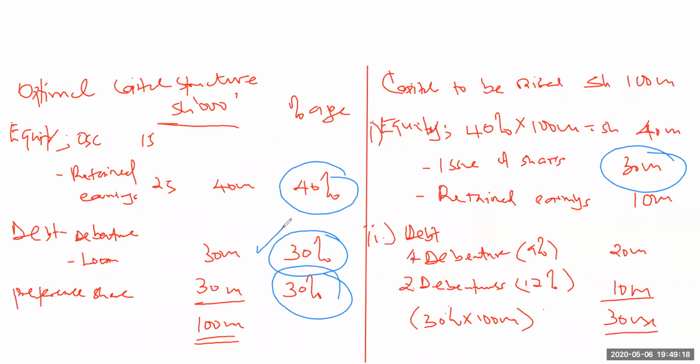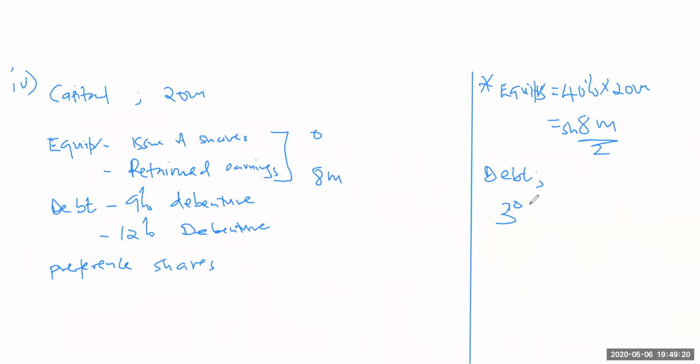Therefore, debt is equal to 30% of the amount of money we need, 20 million, which gives us 6 million. The amount available from the 9% debenture is 20 million, which is more than even what we need. Therefore, we are going to be taking the 6 million from the 9% debenture. For the 12% debenture, we don't need to raise any money, so 0.